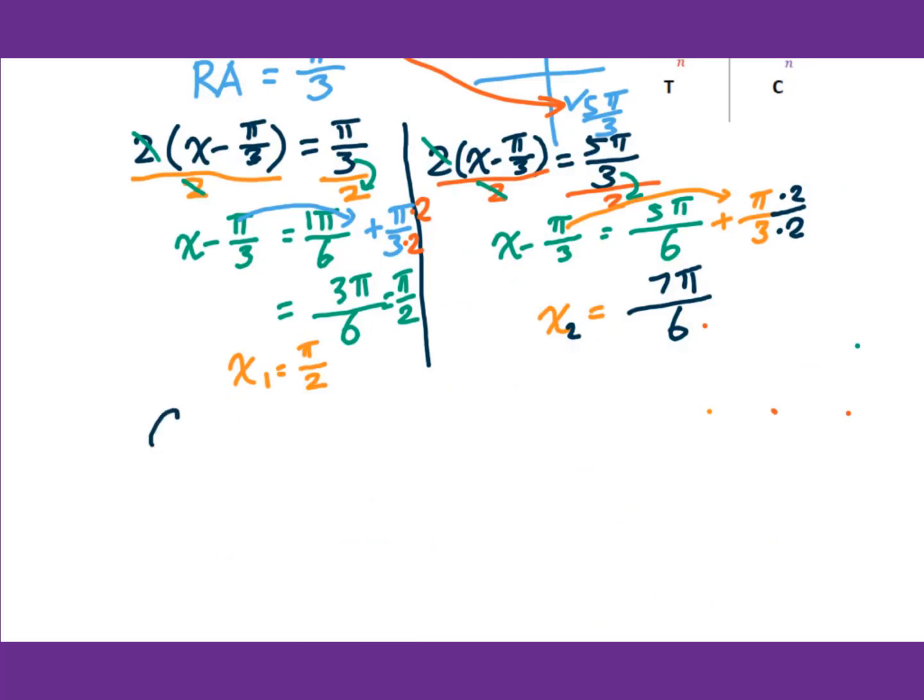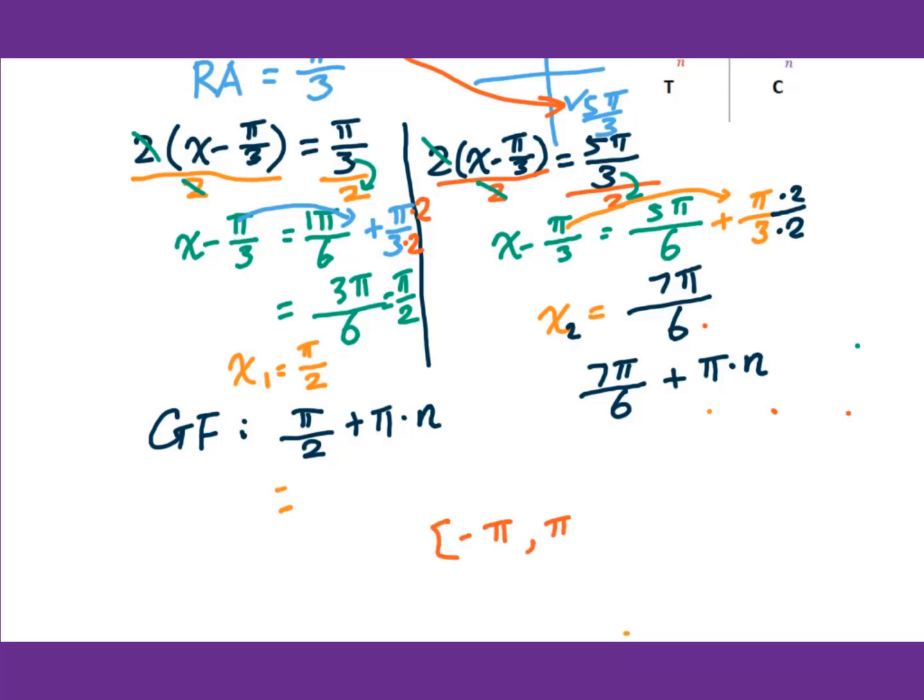Therefore, I can write down the general form for x1, that's pi over 2 plus pi times n, and for x2, you will get 7 pi over 6 plus pi times n. Sometimes we try to get the same denominator for the general form so that it's easy to get the solutions between negative pi and pi.